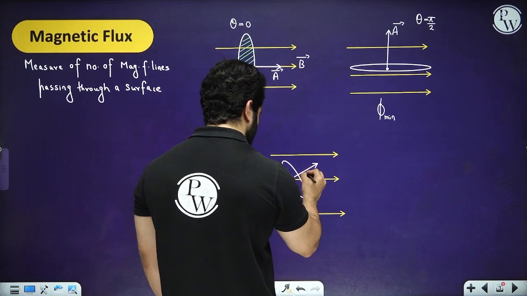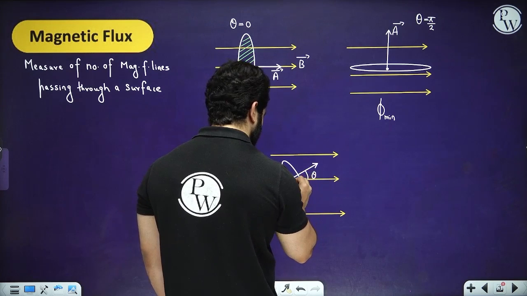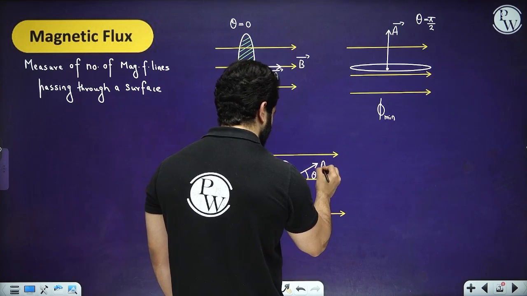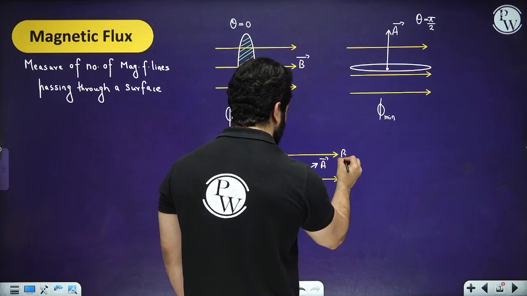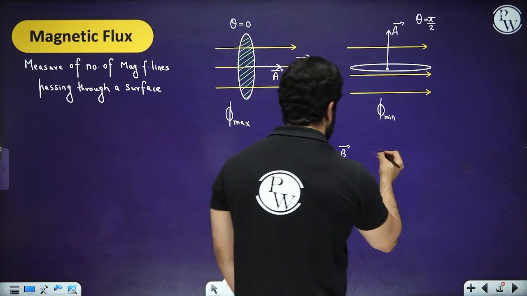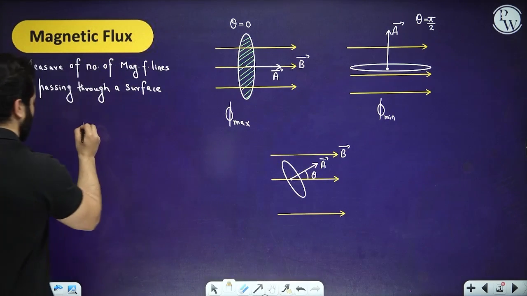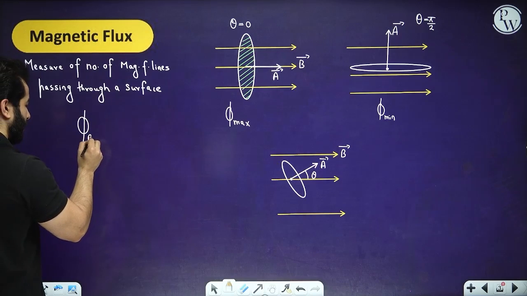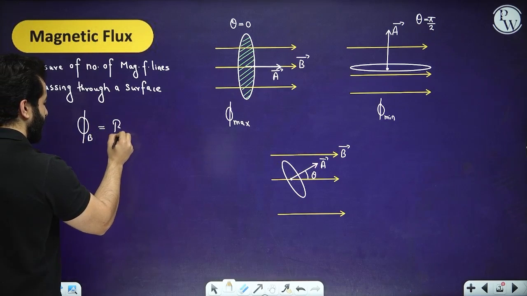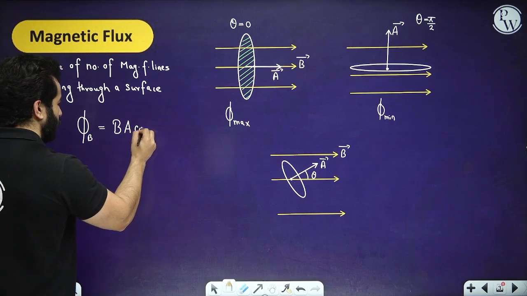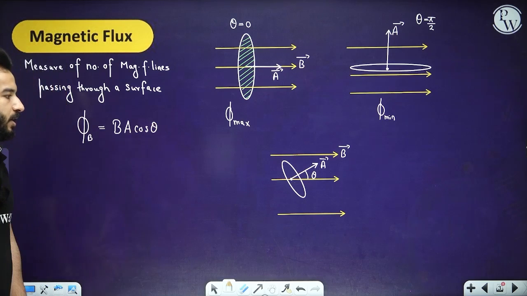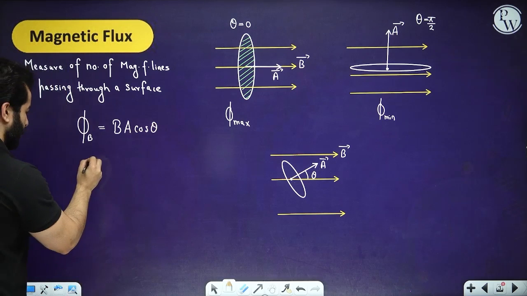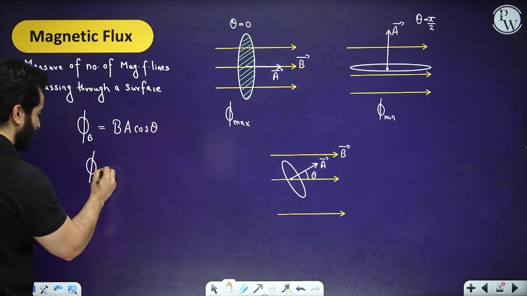Let's suppose this angle is theta. This is area vector A, this is magnetic field B. So we can write that magnetic flux will be B times A into cos theta. Is that clear? That would mean that magnetic flux is nothing but B dot A.